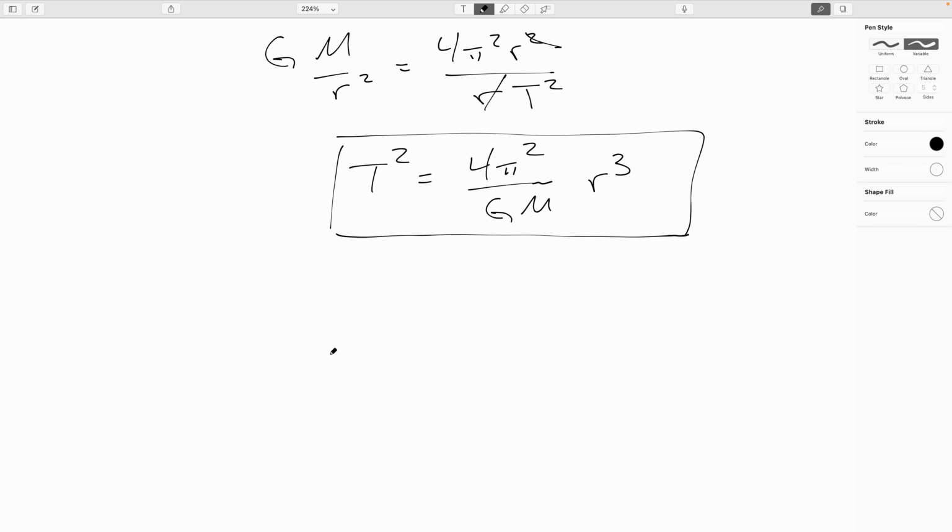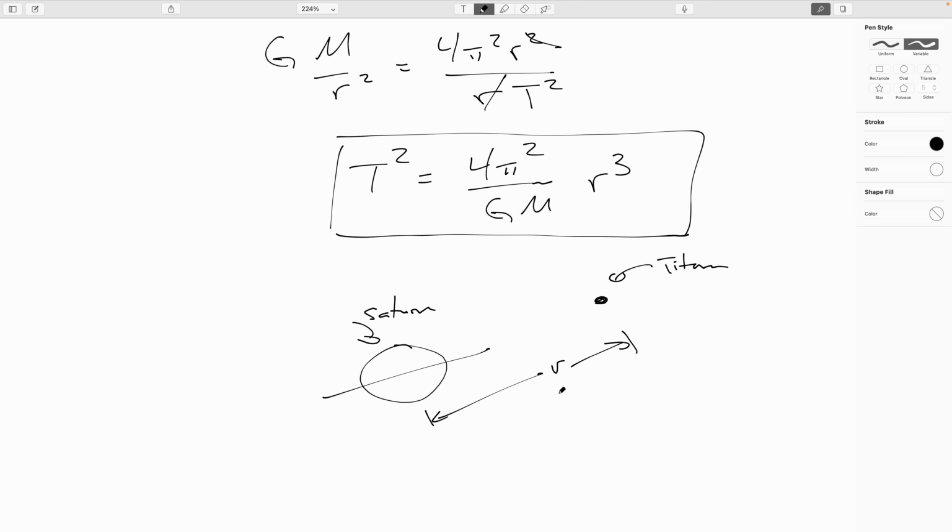So for instance, a way that you can weigh Saturn, so there's Saturn, is we can look at its moon Titan. Careful astronomical observation shows that the orbit is basically nearly circular with a radius of 1,211,850 kilometers.